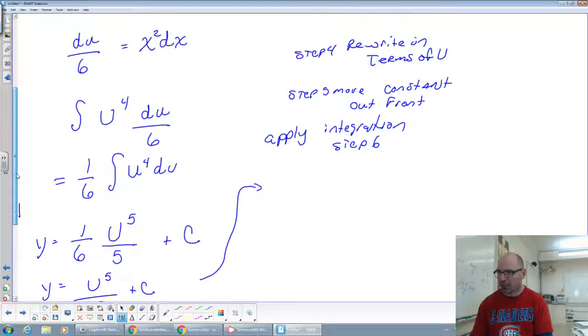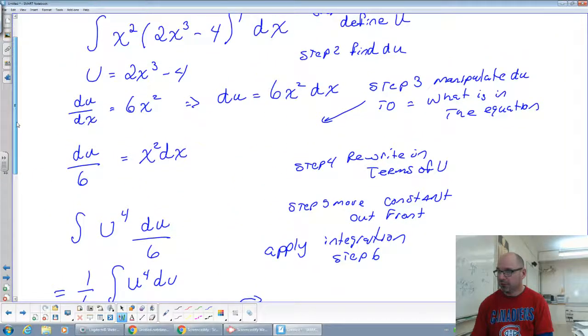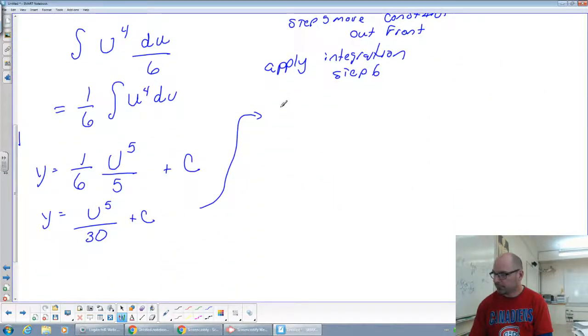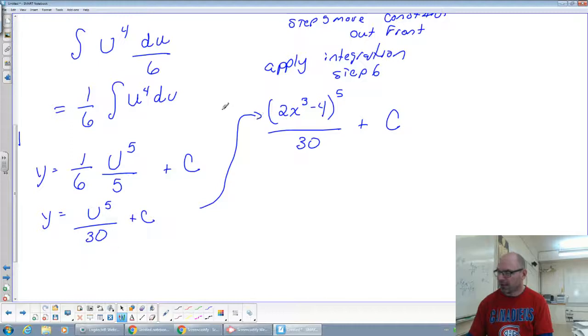I'm going to look back at the top here. 2x cubed minus 4, to the 5th power over 30 plus c. And that's going to be y equals, because we're going back to the original one. So that's our final answer in there.